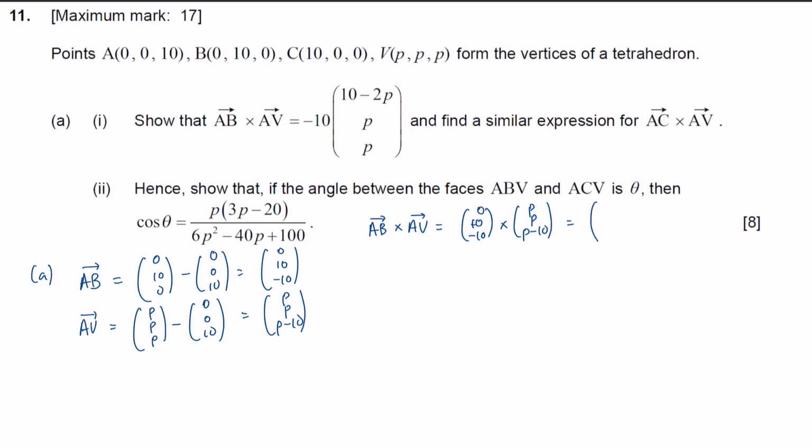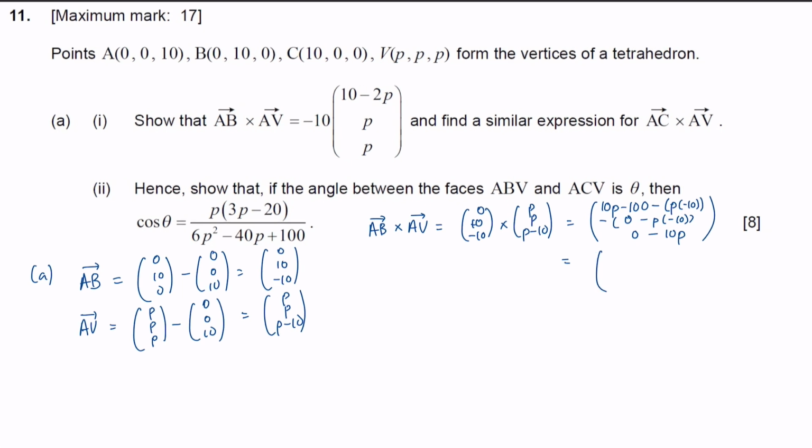So that's going to be 10p minus 100 minus p times minus 10. Second row is minus of 0 minus p times minus 10, and lastly the last row is 0 minus 10 times p.